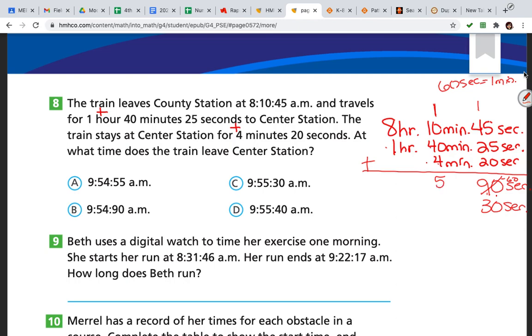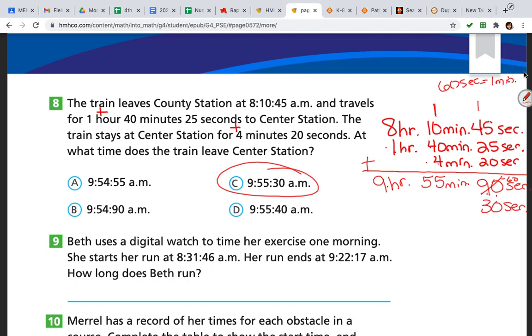And then 4 plus 1 is 5, so that's 55 minutes. I'm not going to have to change that. I don't need to regroup that. 55 minutes is okay. And then 8 hours plus 1 hour is 9 hours. So they asked, what time does the train leave the station? At 9 hours, 55 minutes, and 30 seconds. We can select answer choice C.